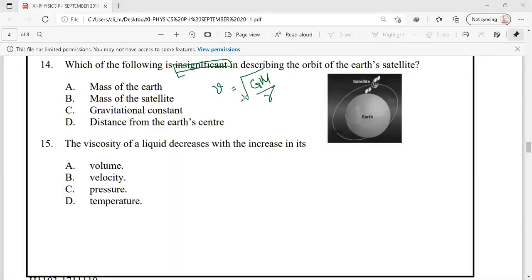As we can see in this formula, the velocity of the satellite orbiting around the Earth is equal to the square root of gm over r, where g is the gravitational constant, m is the mass of the Earth, and r is the distance from the center of the Earth. While the mass of the satellite is insignificant for finding the velocity of the Earth satellite.